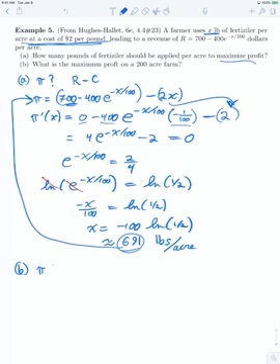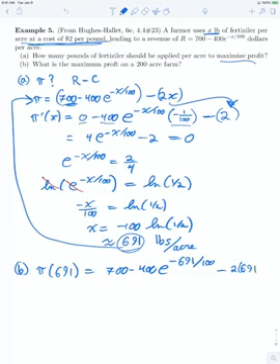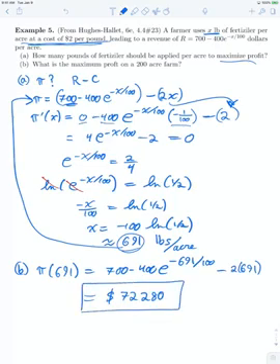So profit of 691 pounds equals 700 minus 400 e to the negative 691 divided by 100, and then all minus 2 times 691. Plug all of that into your calculator and you get 72,280. And that's the end of the example.